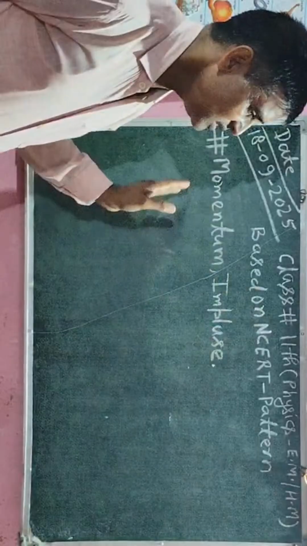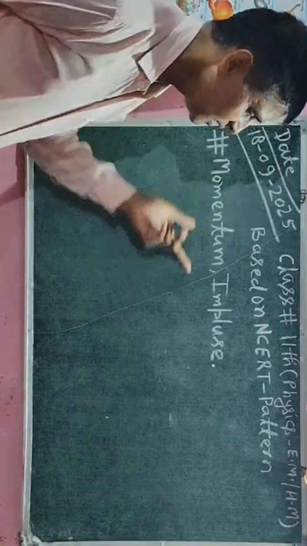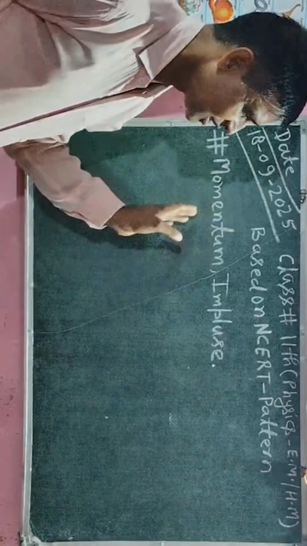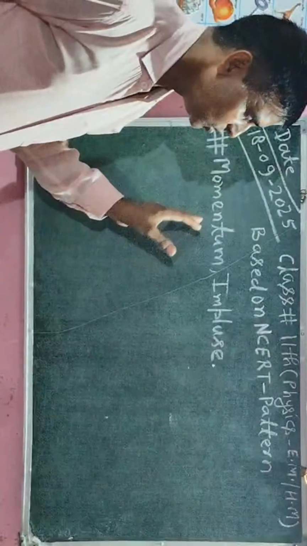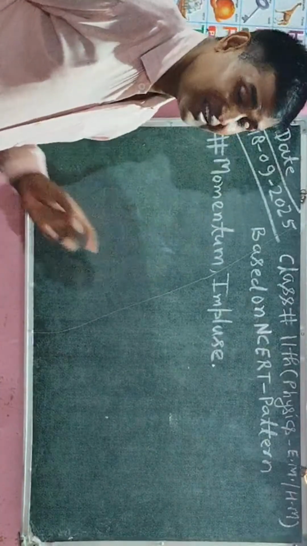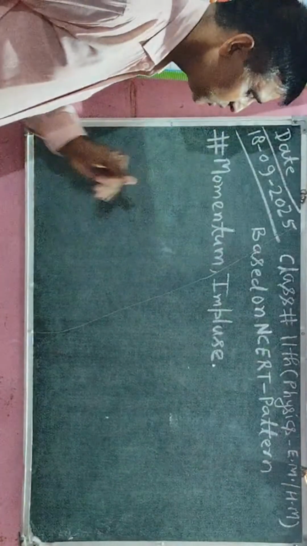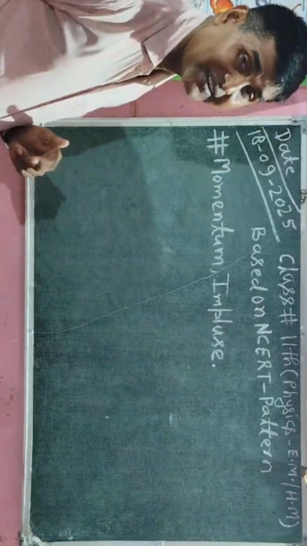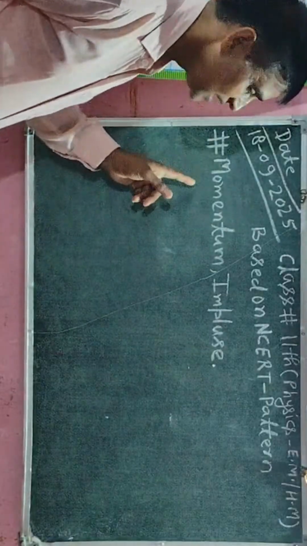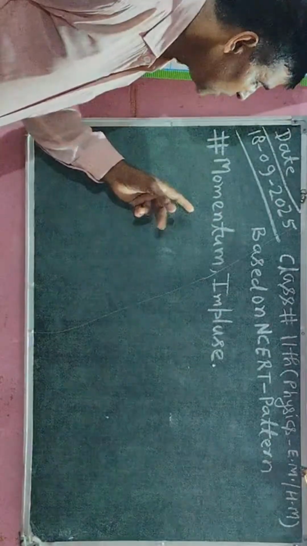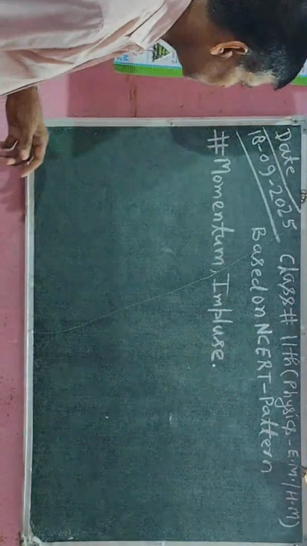Already I have described momentum and also impulse and studied its theory, but here I will use these two concepts in the numerical, and then I will get the solution of that numerical. So I am going to write the question, and after writing the question I will get the solution of that question with the help of the concept of momentum and also impulse. So you concentrate here and understand it.